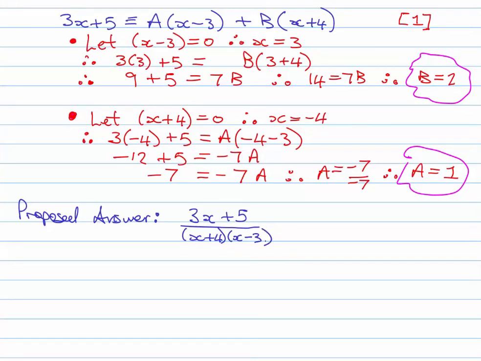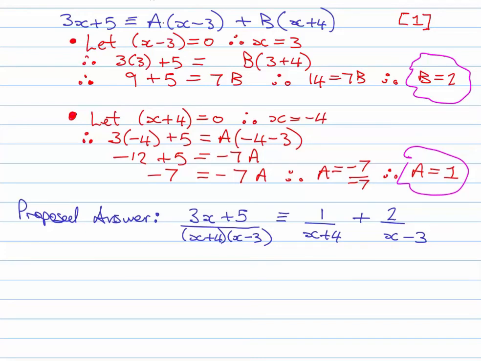Okay, so that's our linear form. We know from the very first line we said it was going to be a over x plus 4, but we know what a is now. a is 1, so it's 1 over x plus 4 plus b, and we know b up here to be 2. Okay, 2 over x minus 3.